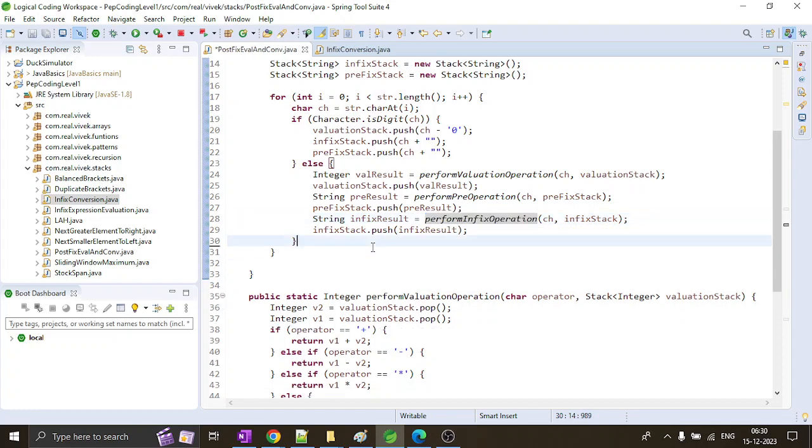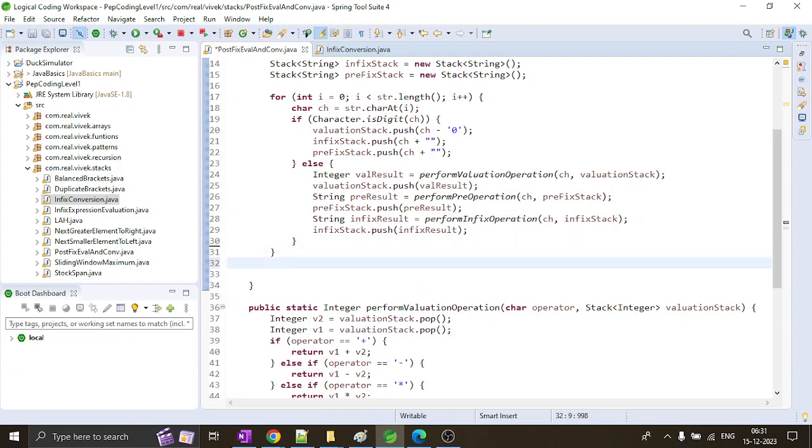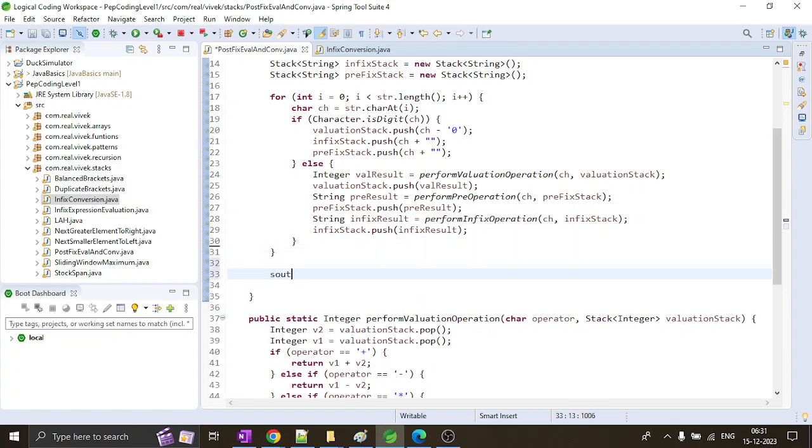And we won't have any elements remaining in the stack, so that is why we don't have that extra while loop where we iterate over the operator. Basically we don't have any operator stack itself here, so that's why we directly print the result.